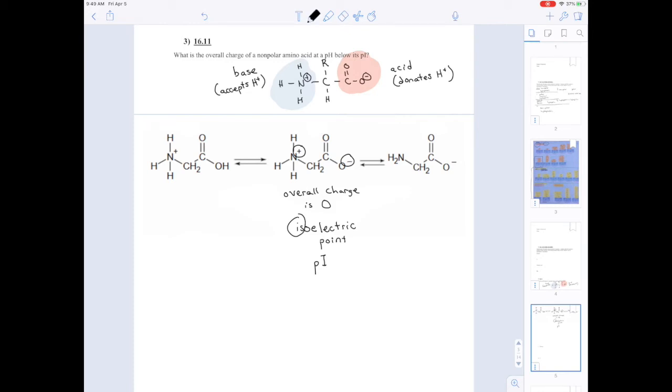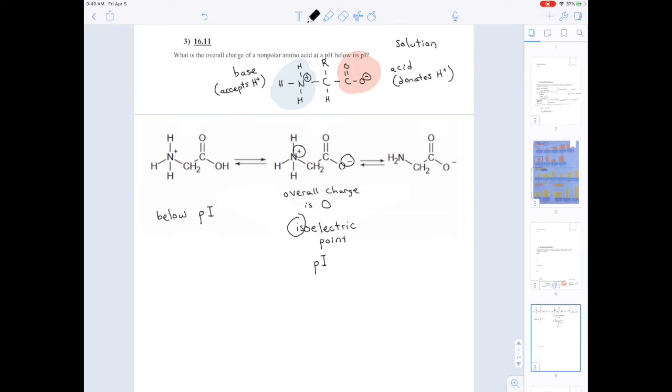Now, as the pH changes, it will either slap hydrogens on or rip hydrogens off of that molecule. So let's say the pH gets really, really low, say below the pI. That means the solution is acidic, which means the solution wants to donate H pluses.